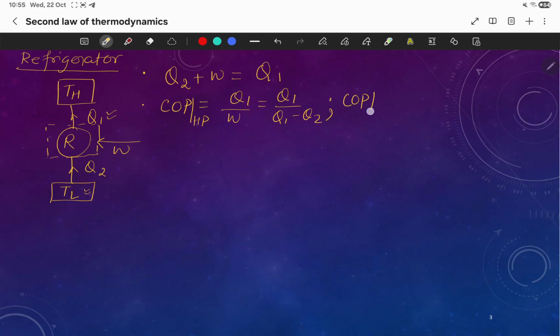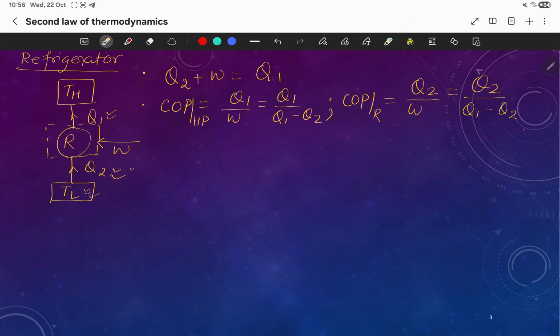And if I write COP for a refrigerator, our desired effect is that we want to keep the temperature of the room at TL, and by doing this we have to extract Q2 heat. So Q2 will be the desired effect. This will be Q2 upon W, where W will be Q1 minus Q2.